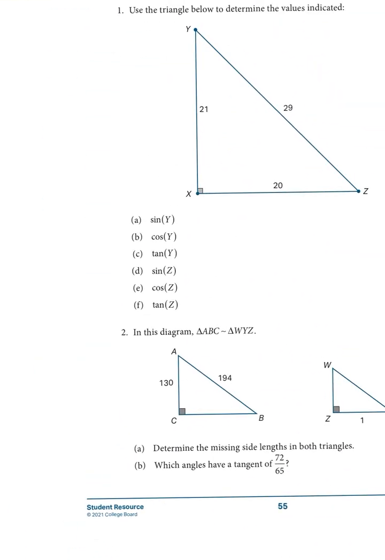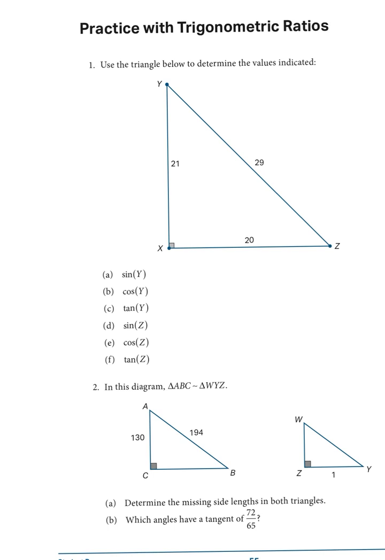Let's see. Okay, so use the triangle below to determine the values indicated. So sine y. Sine, you should already know the acronym here. Or if you don't have to remember the acronym, but just know a way of, if you understand this. So SOHCAHTOA.